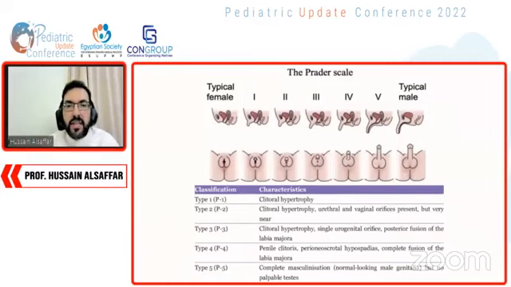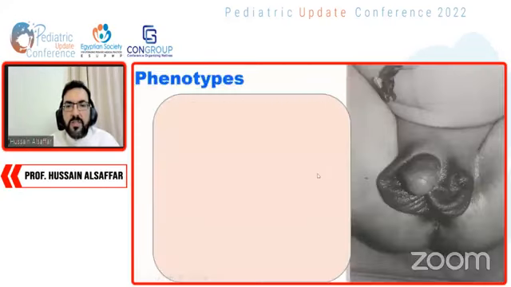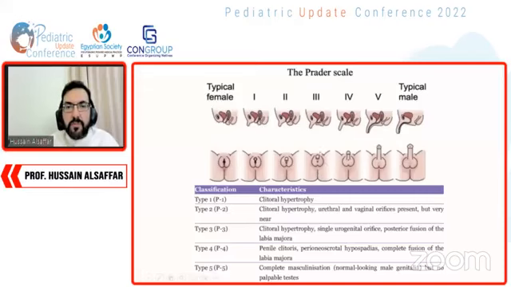In Tanner stage 3, there's clitoral hypertrophy, a single urogenital orifice, and posterior fusion of the labia majora. With stage 4, there's a penile clitoris, perineal scrotal hypospadias, and complete fusion of the labia majora, and this is complete masculinization, grade 5.